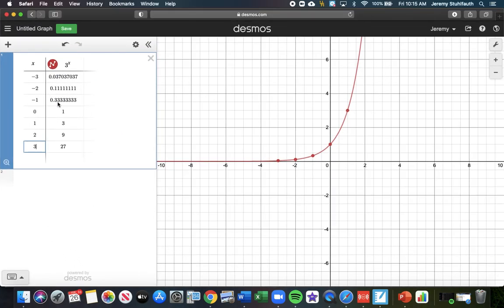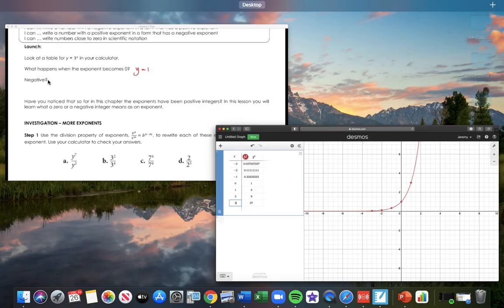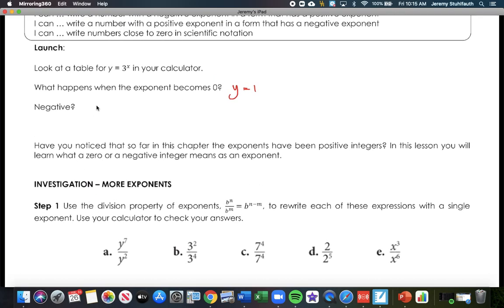We have 0.33333 repeating, which is 1/3. We have 0.1111, which is equivalent to 1/9. And then finally we have 0.037037 repeating, which is the same as 1/27. So when we have negative exponents, it appears that the y values become fractions.